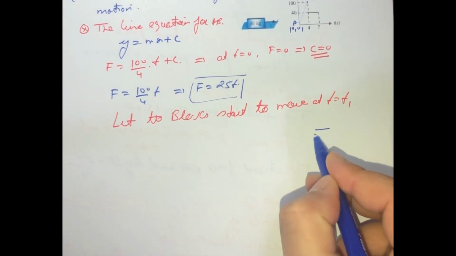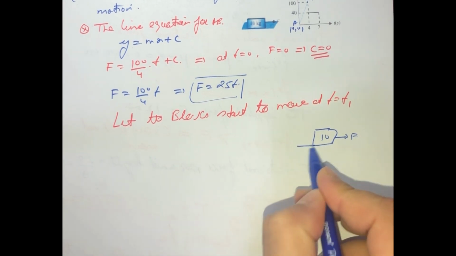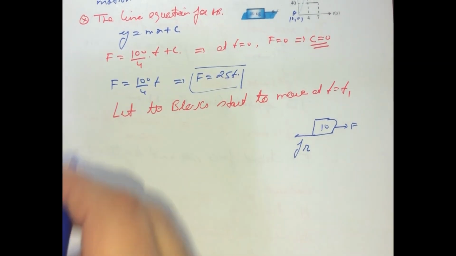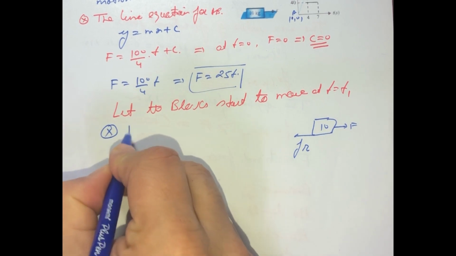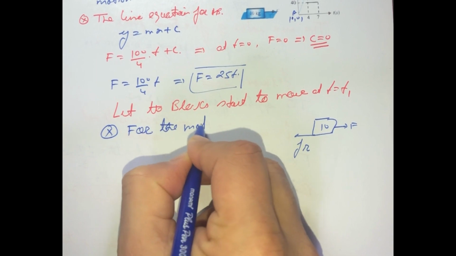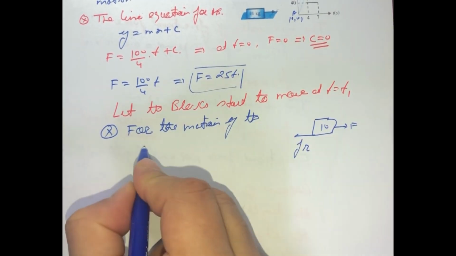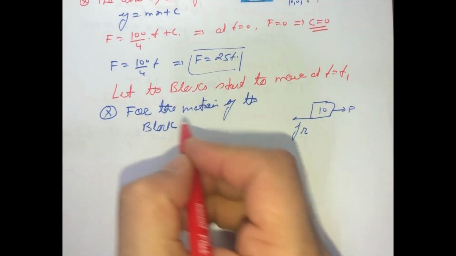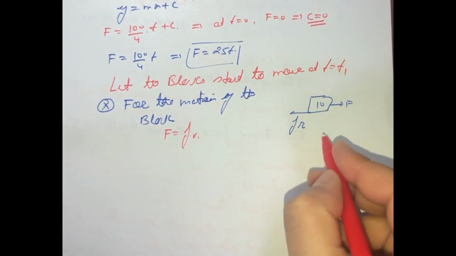So this is the 10 kg block, force F is applied on it, and this is the frictional force Fr. For the motion of the block, F should be equal to Fr.